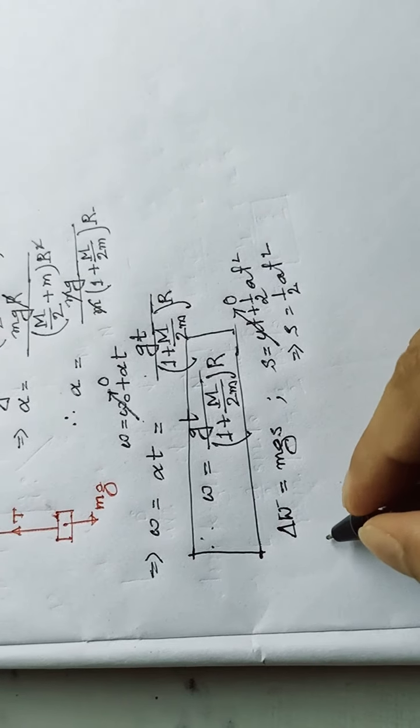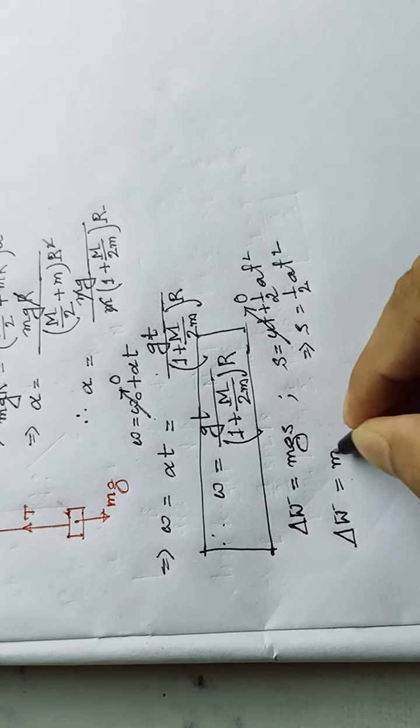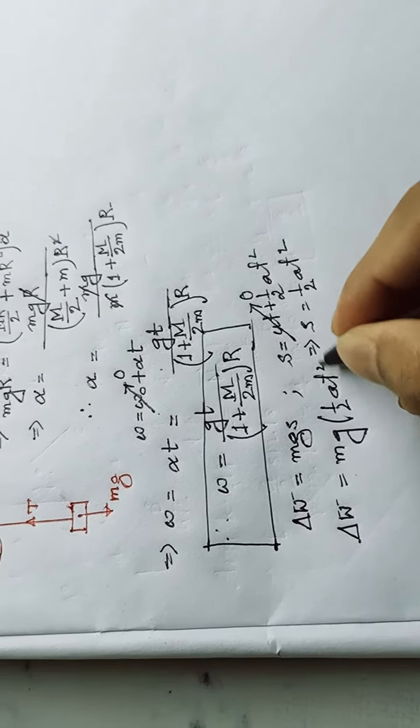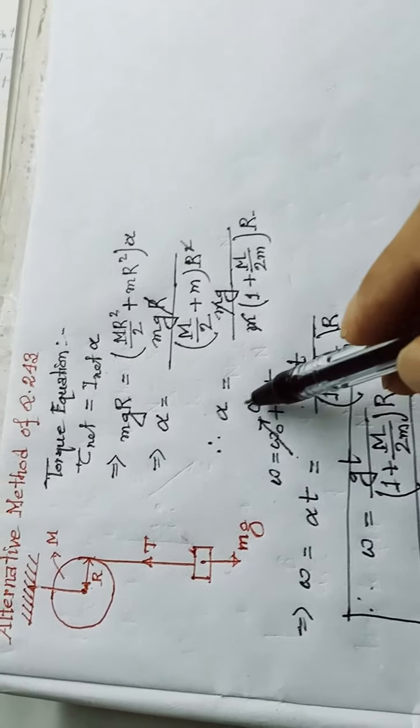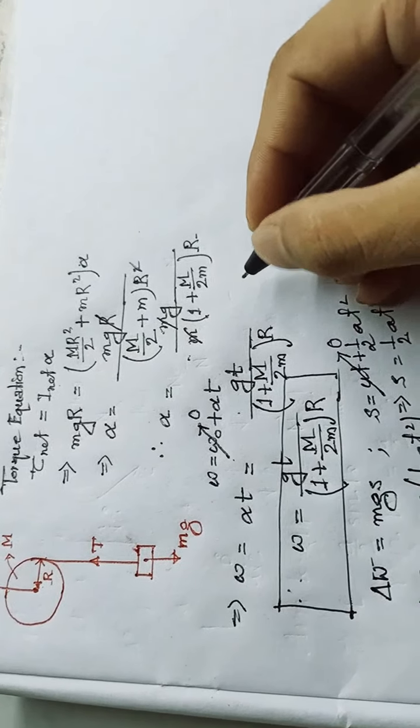So in our energy equation, del W will become mg into half at square.